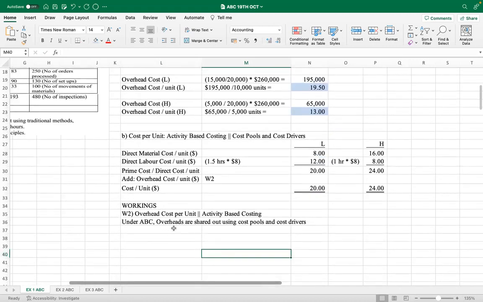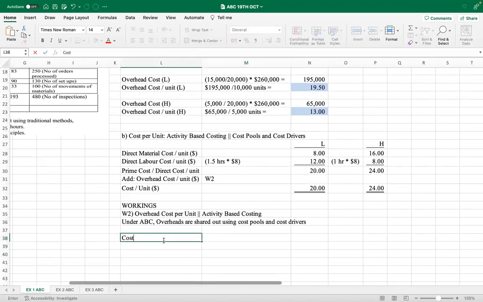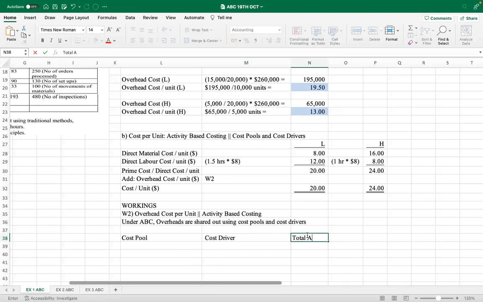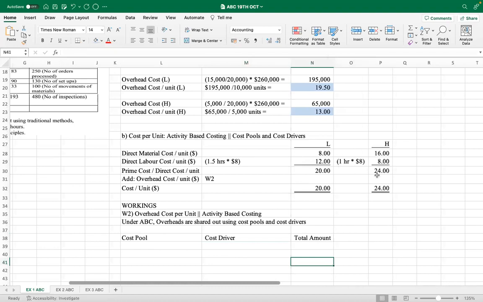So overheads. Now, in order to answer this, we will need to have a column known as cost pool. We will have another column known as cost driver. Cost driver is the basis. We will have a column for total amount of the overheads, of course.